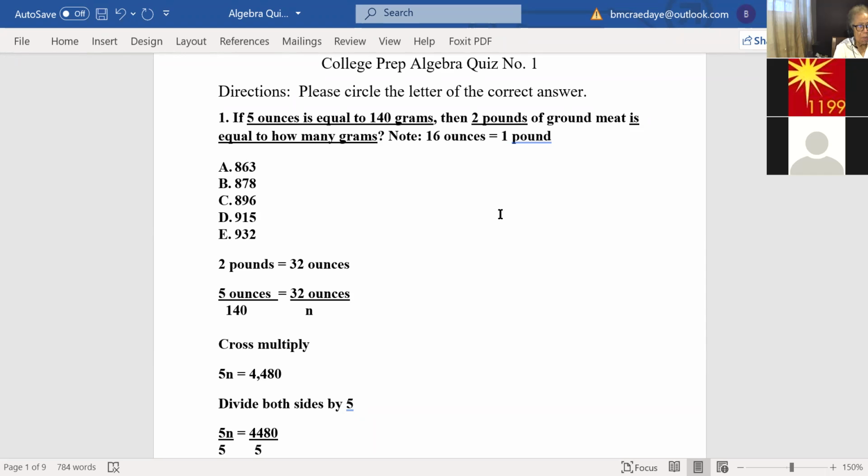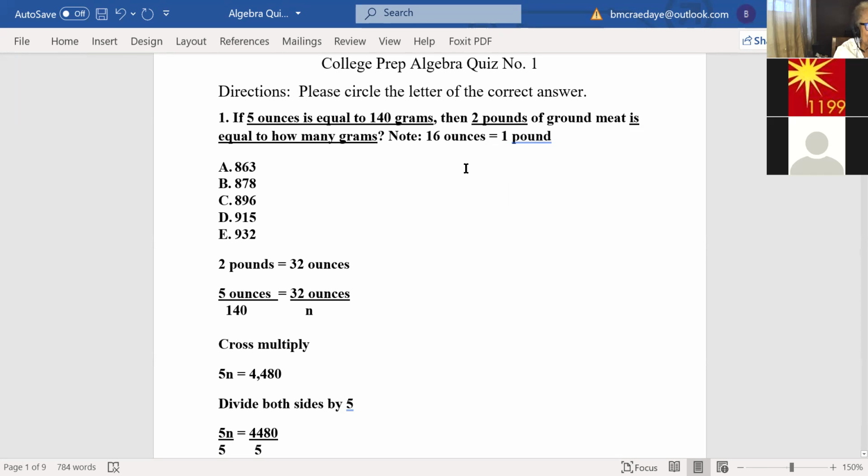Yeah, there's a different way of doing it. The other way is just to say, okay, I've got 2 pounds, which is 32 ounces, divide 32 by 5, and then multiply the result by 140. You get the same answer, okay? Because if you say 5 ounces is 140 grams, there's another way you could do it.